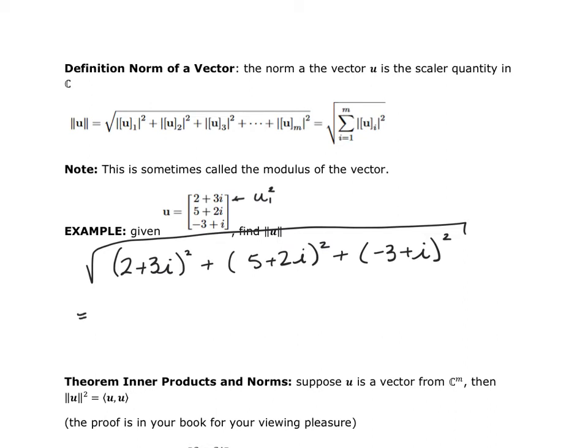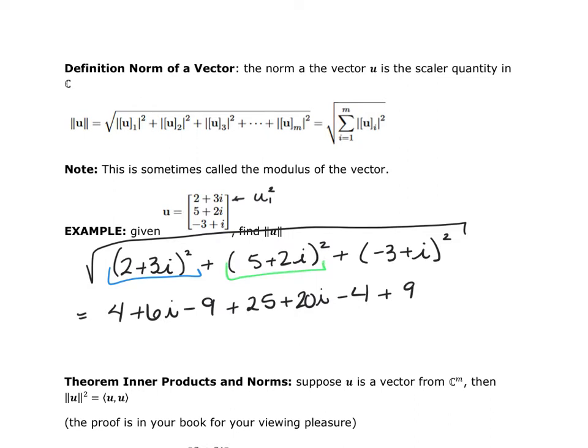So what I'll end up with is 4 plus 6i minus 9, that is this first multiplication out, and then plus, all underneath the square root, 25 plus 20i minus 4, that's this multiplication out.